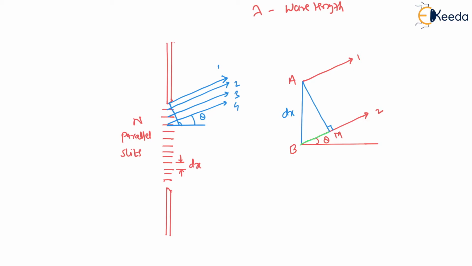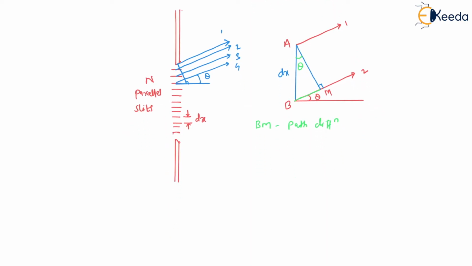This BM is the path difference between first and second. Again, as this angle is theta, this angle will also be theta, by simple geometry.